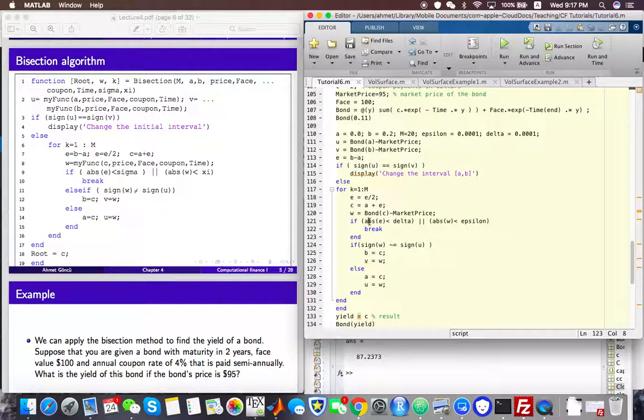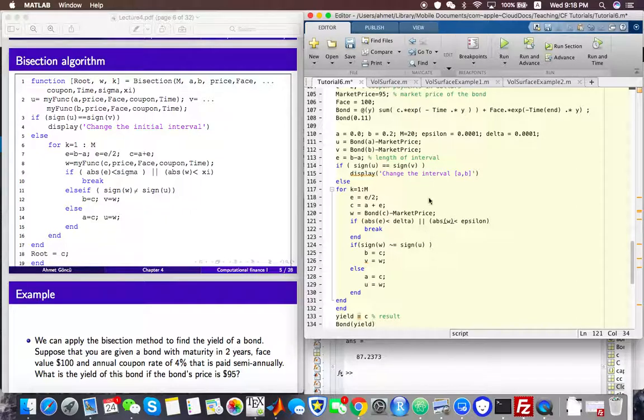In this case, you can see the absolute value of E, which corresponds to the length of this interval. If the length of this interval is already too small, then we can stop. That is one possible criterion.